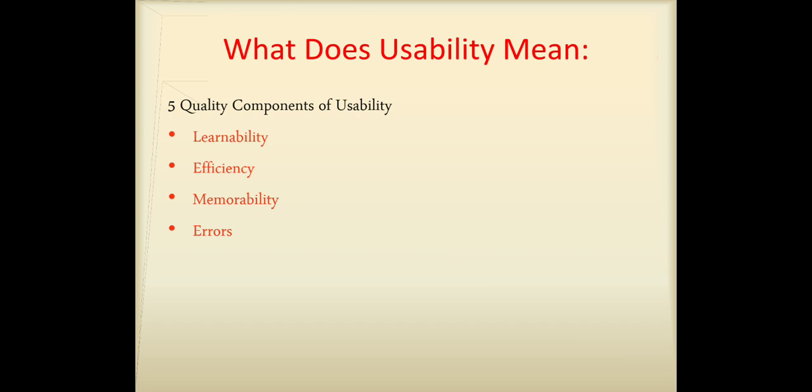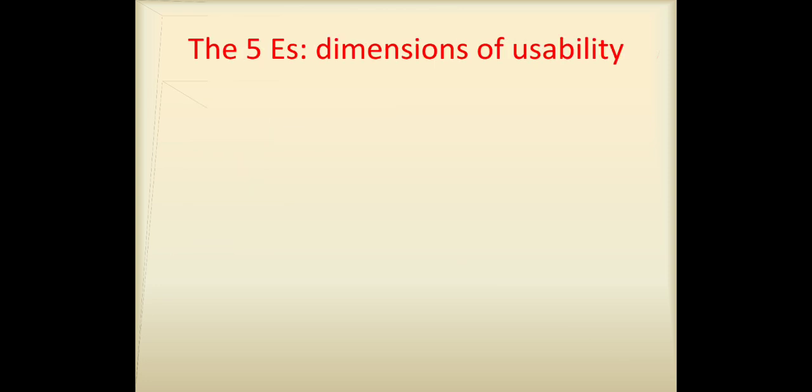Similarly, satisfaction. How pleasant is our design or our graphical user interface for use by human beings? So basically it is how pleasant the GUI is to be used by the user. Then we move on to the 5 E's.